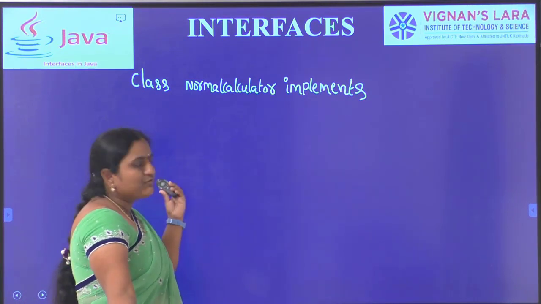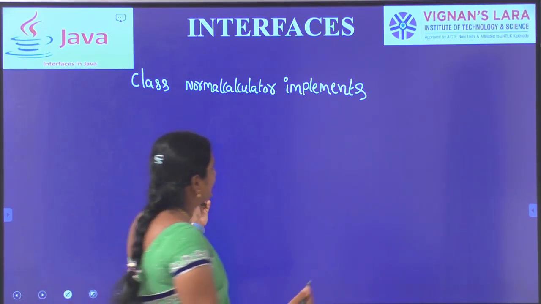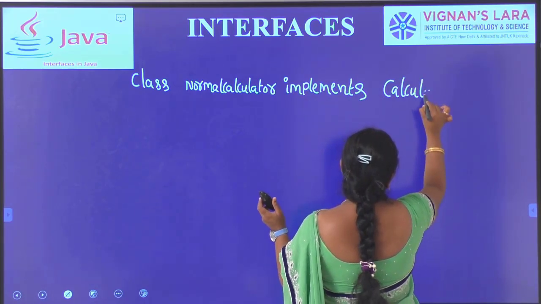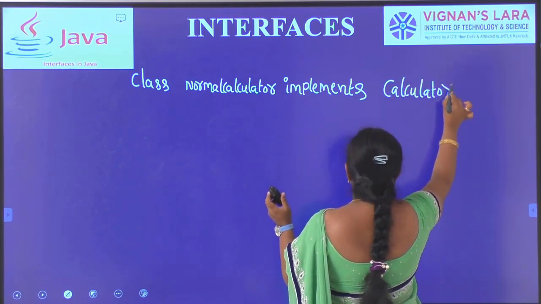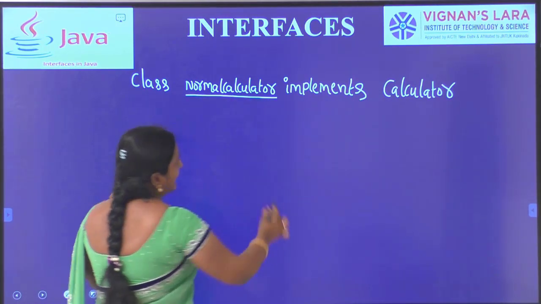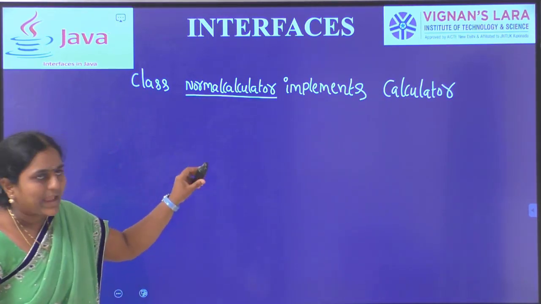In the previous slide, what is our interface name? Calculator. What is our class name? NormalCalculator. It implements Calculator.